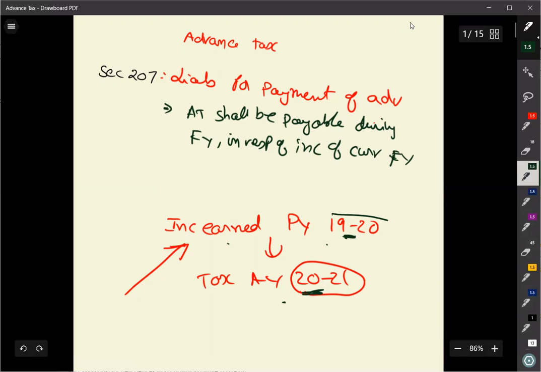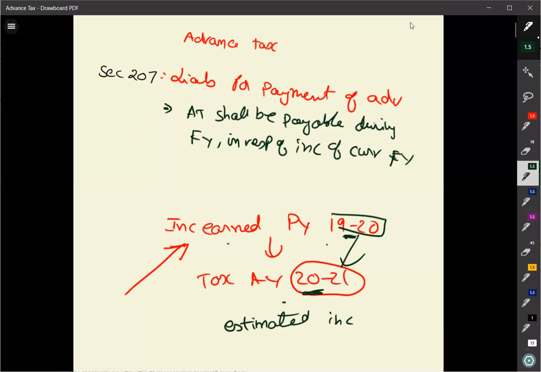How can we pay? Say, if I wait till 31st March, I know my total profit. On that profit, I'll be paying the tax in the assessment year. Then I will have accuracy. But without closing my books, without completion of the year, how do I determine my current year income? That is the reason advance tax will always revolve around estimated income.